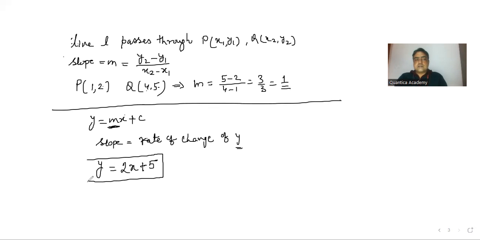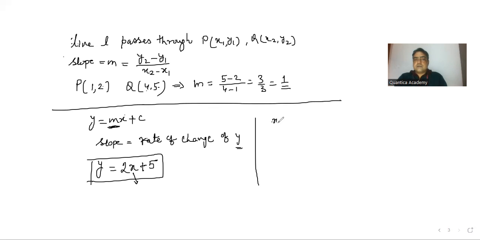So in this case, what does this slope 2 tell us in practical sense? It tells us that if there is a unit change in x, then y will be changed by 2. For better understanding, let us calculate the different values of y for different values of x.